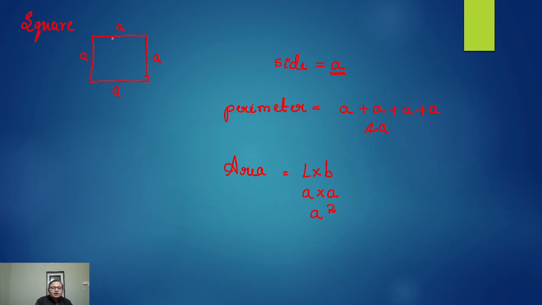Okay. Now the diagonal. This is the diagonal. If we apply the Pythagoras theorem, with A and this is the diagonal, D square is equal to A square plus A square.